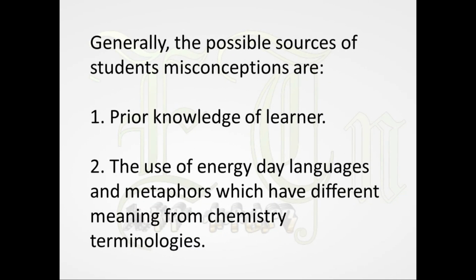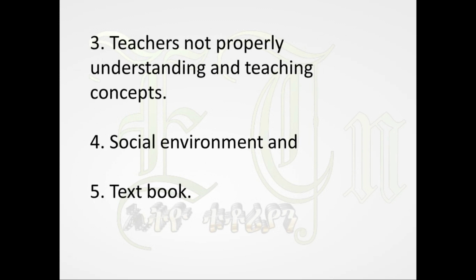Generally, the possible sources of students' misconceptions are: 1. Prior knowledge of learner. 2. The use of everyday language and metaphors which have different meaning from chemistry terminologies. 3. Teachers not properly understanding and teaching concepts. 4. Social environment. And 5. Textbook.